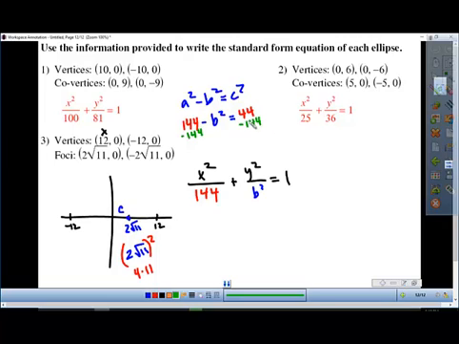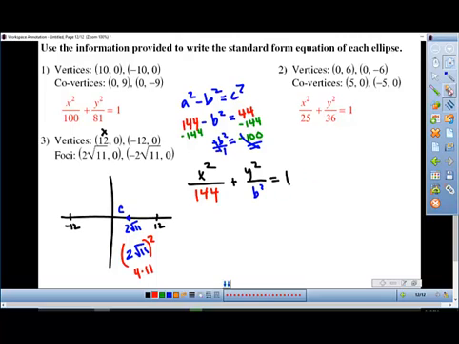Notice that on this side I'm going to end up with a negative, but that's okay. Minus 100. Because over on this side we see that the b is negative. So if the b is negative and this is a negative, we can divide by negative 1 and cancel that out. So we get our b squared is 100. So I'm going to go ahead and replace that with 100.